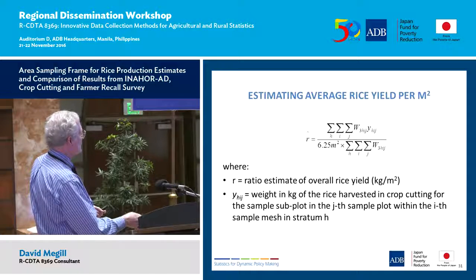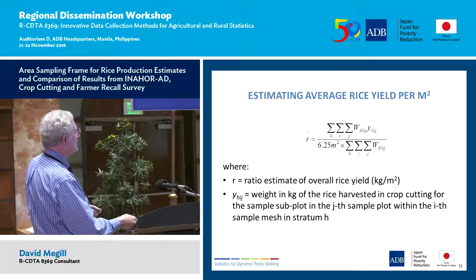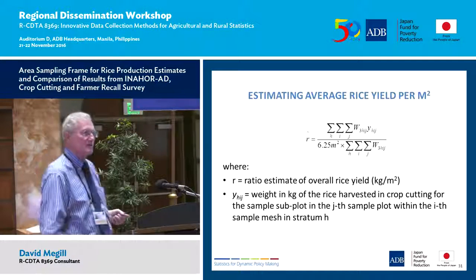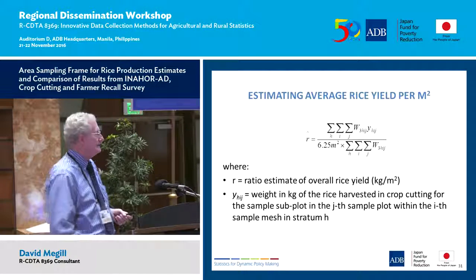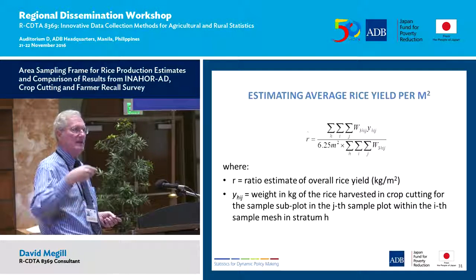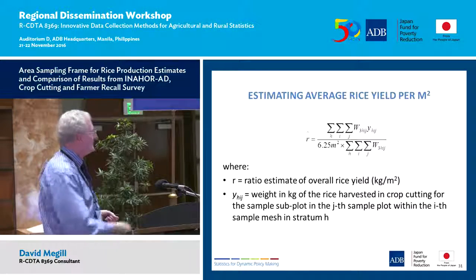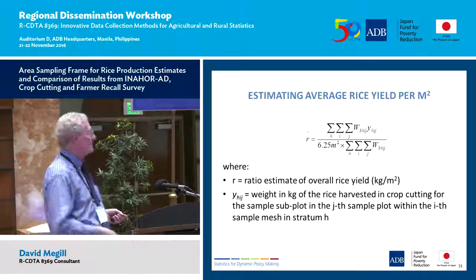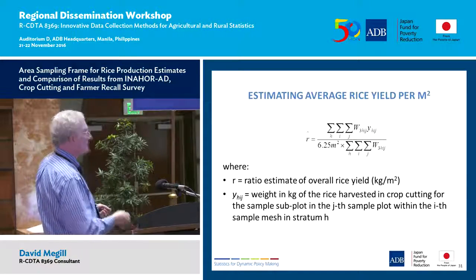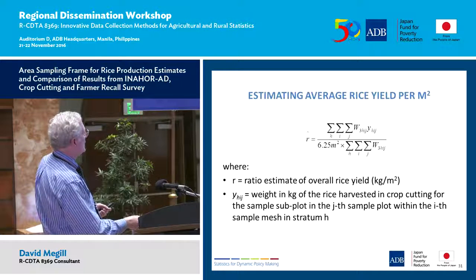And so the numerator of the ratio is the total production. This is a direct estimate of the total production. And the denominator is the estimate of the total area. And remember, we calculated the area from the plot level data, but you could also calculate it from the subplot level, because the subplot was just another stage of selection. They should give you results that are almost the same.